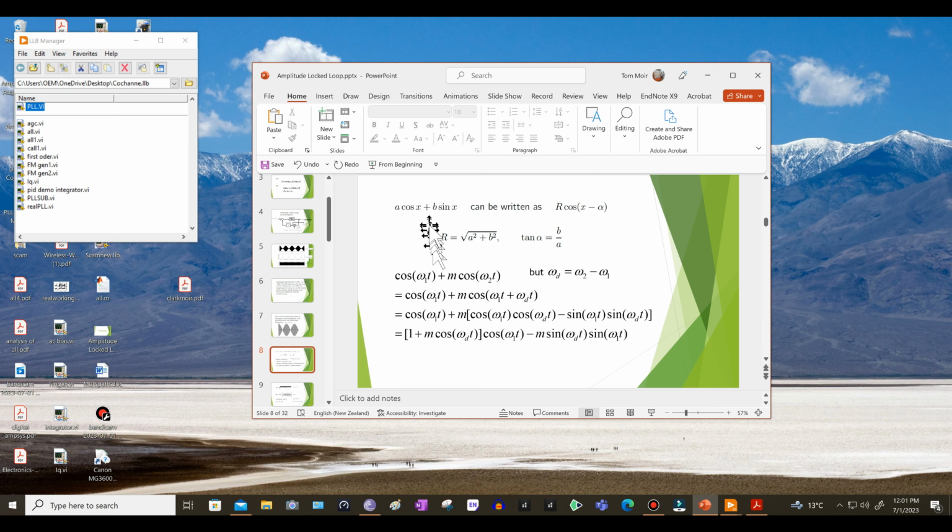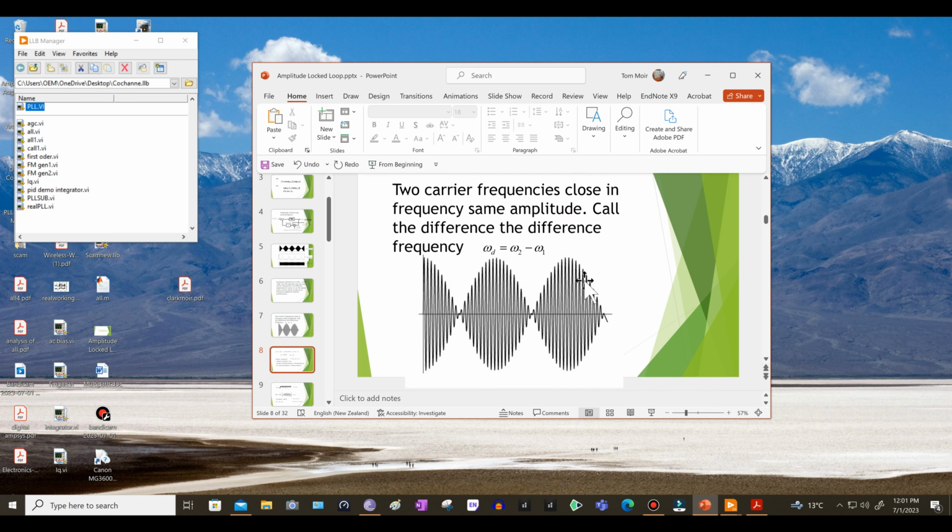And that's not obviously in this form up here with the sine, but we know that omega d, the difference frequency, is omega 2 minus omega 1, and that difference frequency is the frequency of the envelope. It's often called the beat frequency if you're dealing with audio type things.